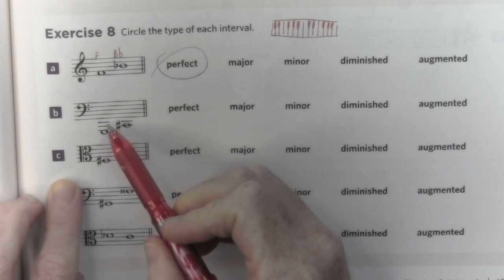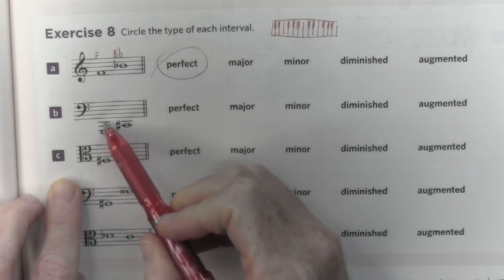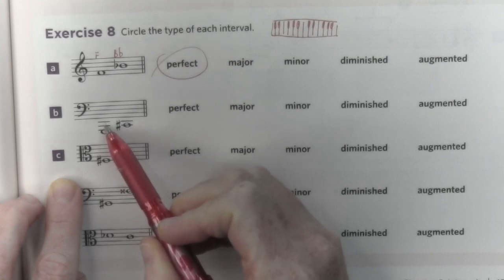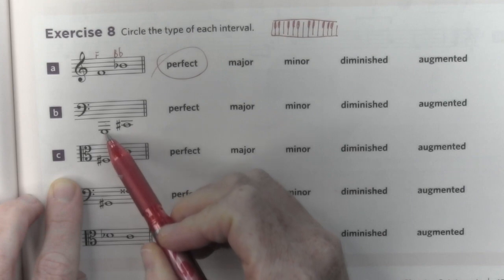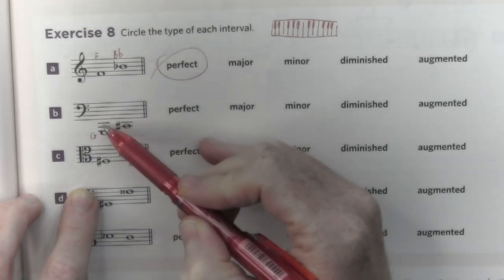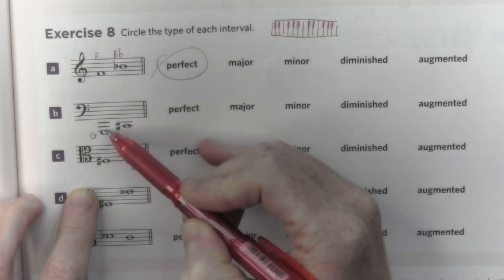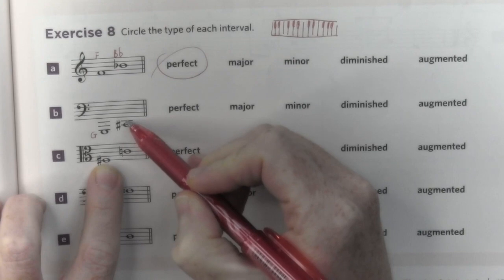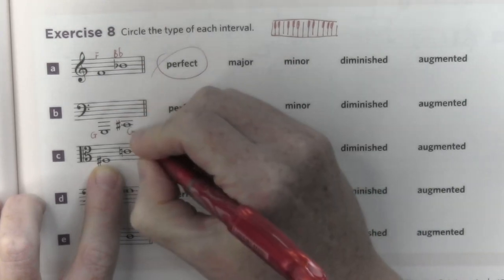Oh my goodness, what is this note? Okay, this is Mi. So, Mi, Re, Do, Si, La, Sol, G. Mi, Re, Do, Si, La, Sol. Okay? Mi, Re, Do. Do sharp.